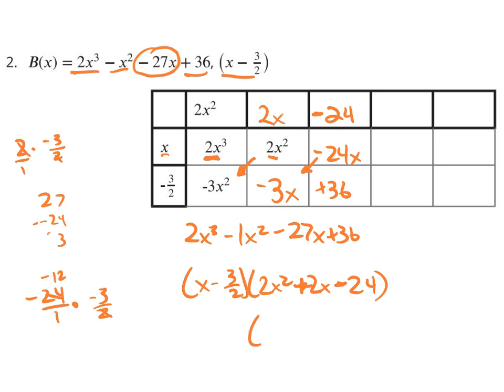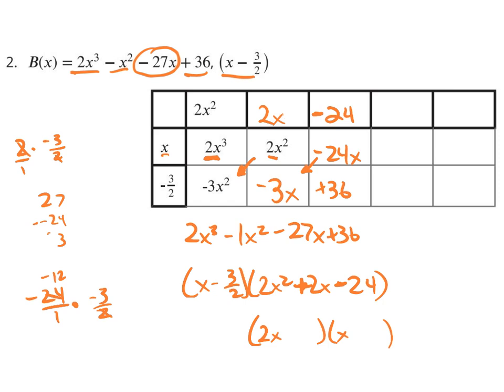Okay, now we got to factor this one. So 2x goes here, x goes there. And now we had to figure out the factors of 24 that make that. So let's try some numbers here. So I know 4 times 6 makes 24.